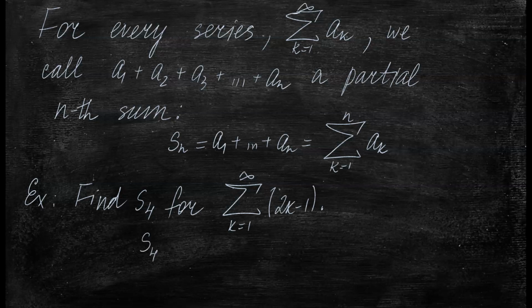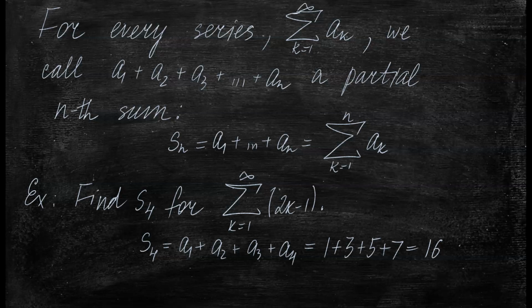S4 is the sum of the first four terms, and it will be 1 plus 3 plus 5 plus 7. That will be equal to 16.